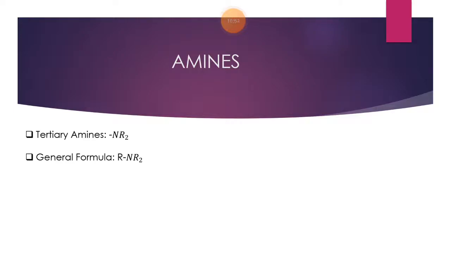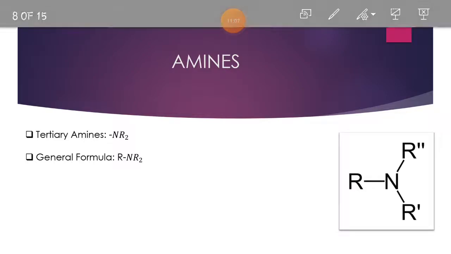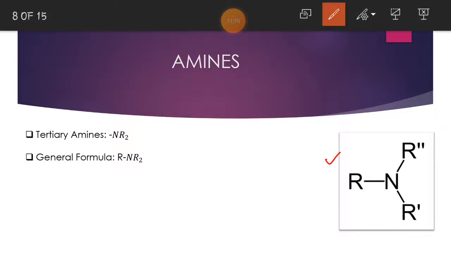Now moving towards the tertiary amines, the functional group for tertiary amines is NR2, and the general formula for tertiary amines is RNR2. Tertiary amines are generally represented like this. Here you may see that nitrogen atom is directly attached to three alkyl groups and no hydrogen atom is attached to the nitrogen atom.